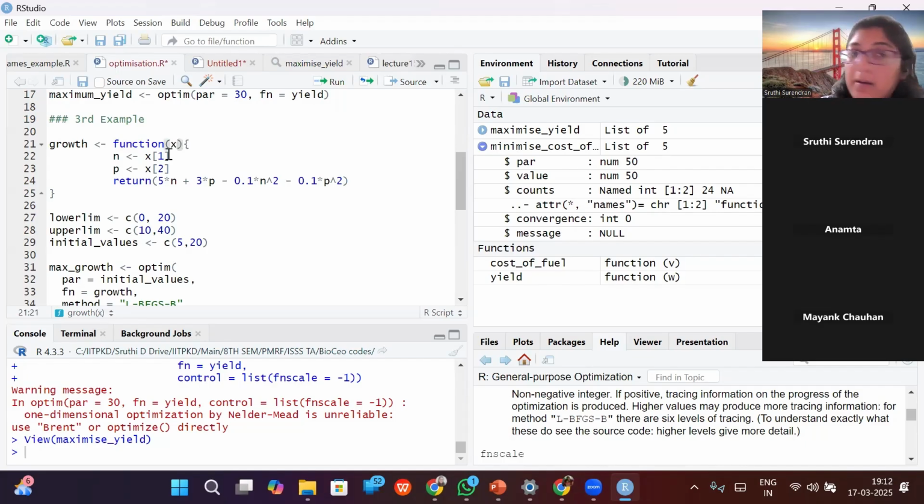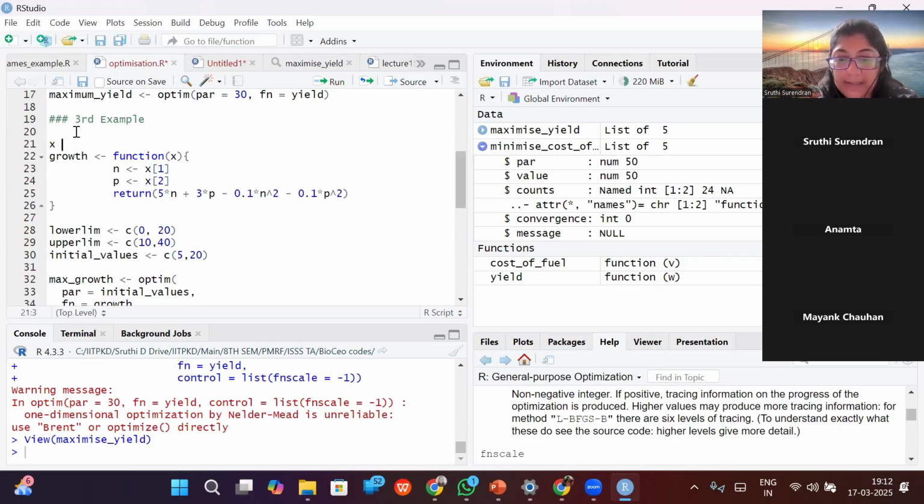We name an argument called x, where the first value is going to be n and the second value is going to be p. So again, it is a vector.